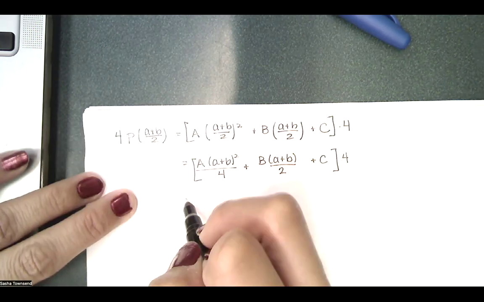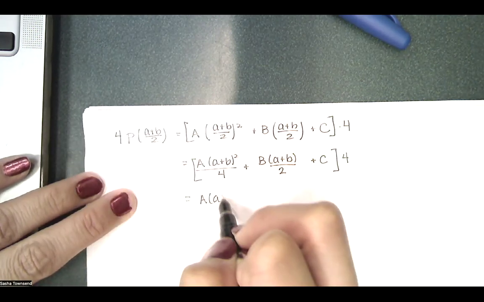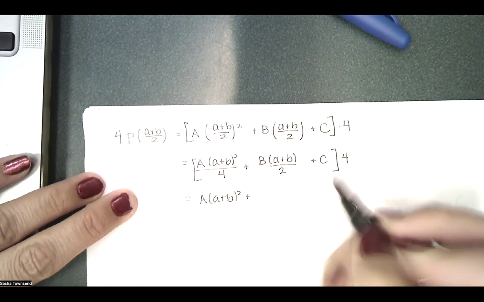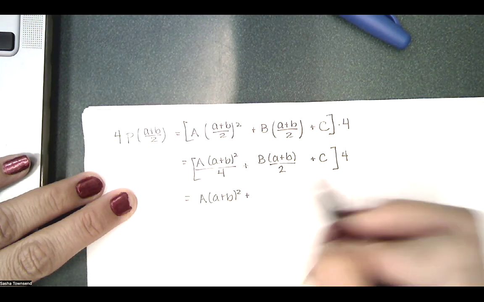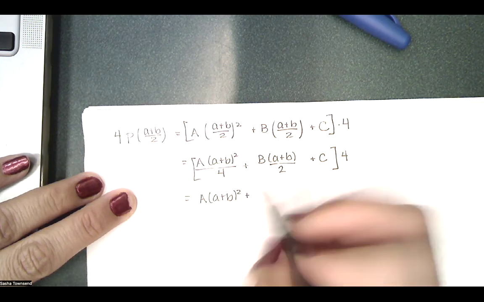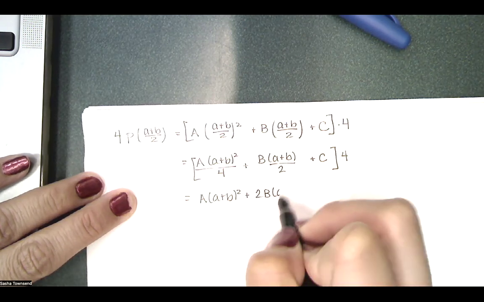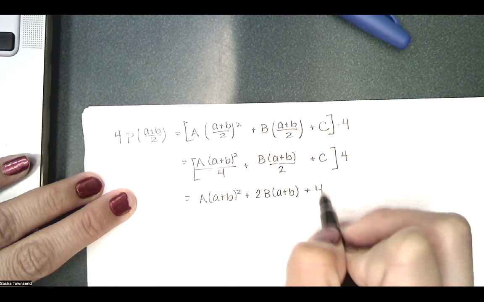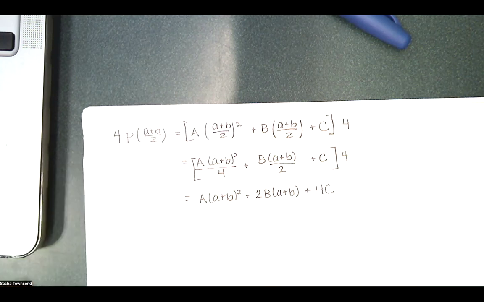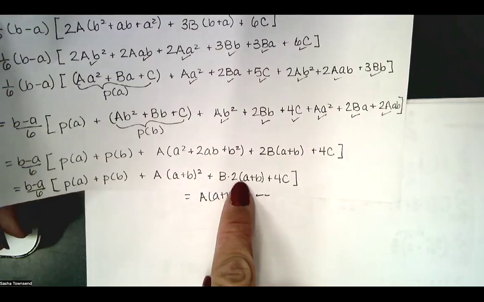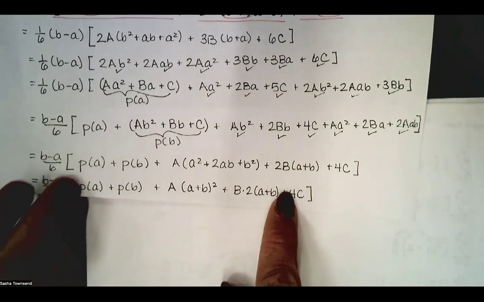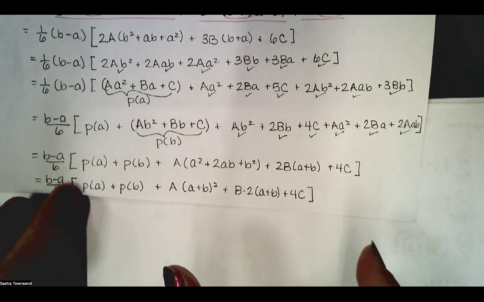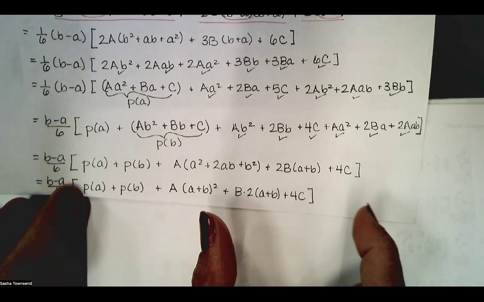When we distribute the 4, we get A times the quantity A plus B squared. And this 4 times the 2 will leave us with a 2 in the numerator because 4 divided by 2 is 2. And so we get exactly what we have right here. So this is actually 4 times P at that average X value, or that midpoint of the interval from a to b.